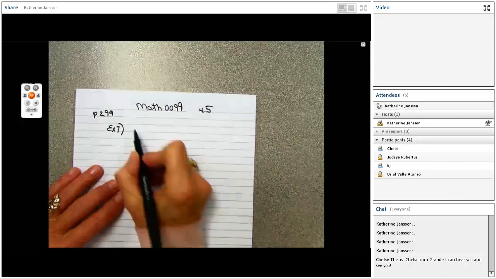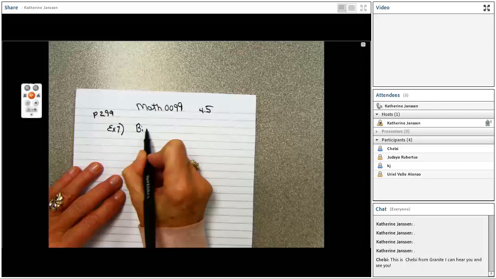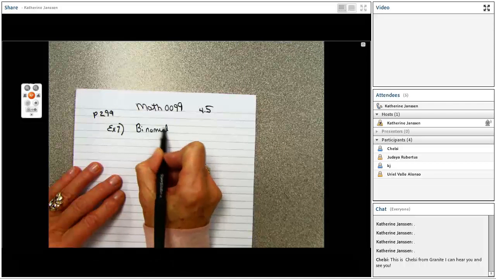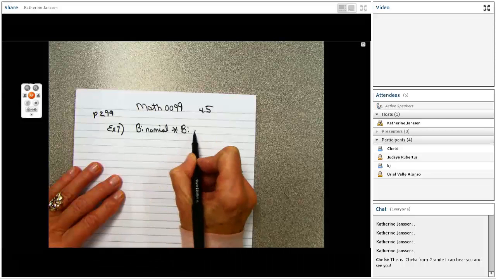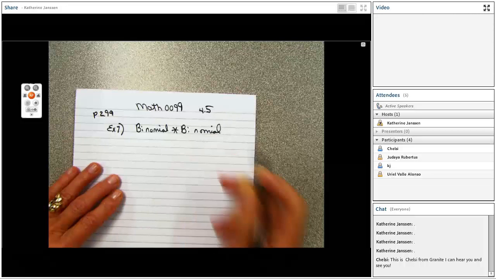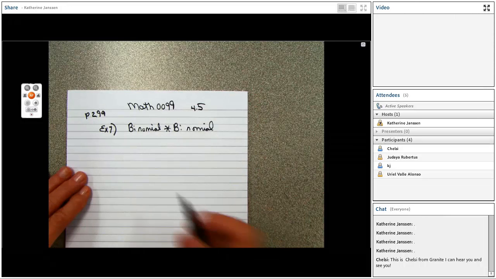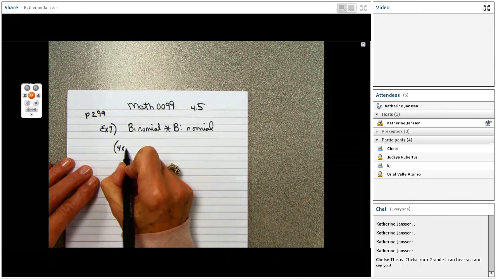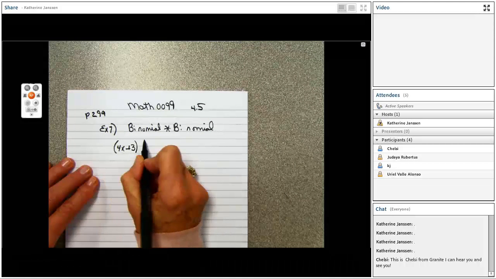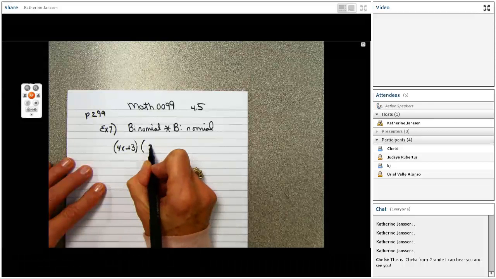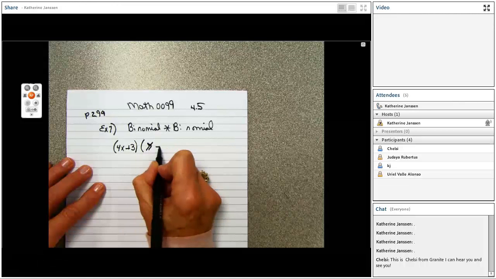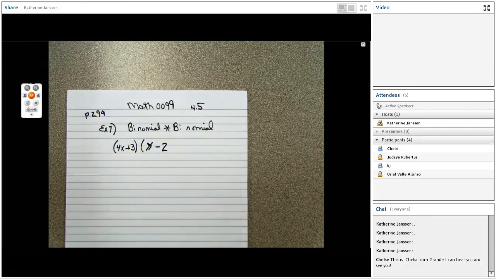So today we're continuing with multiplication, and we have a binomial times a binomial. 4x plus 3 times a quantity, x minus 2.